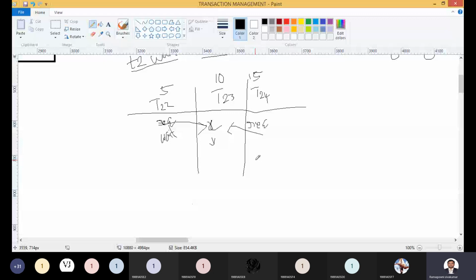If T22 requests a data item held by T23, then T22 is in the waiting state. If T24 requests a data item held by T23, then T24 will be rolled back.